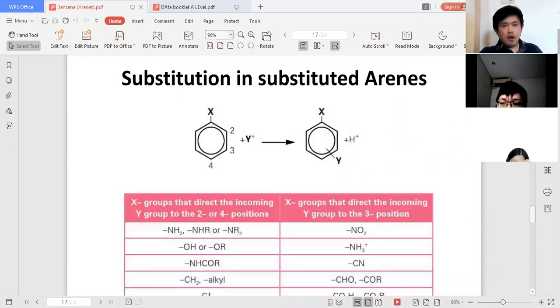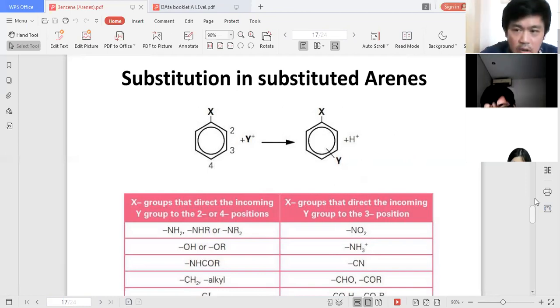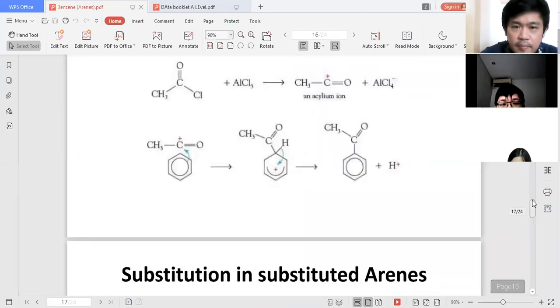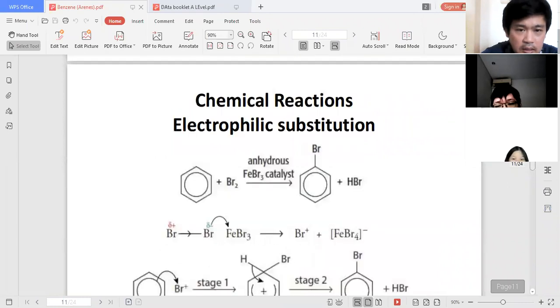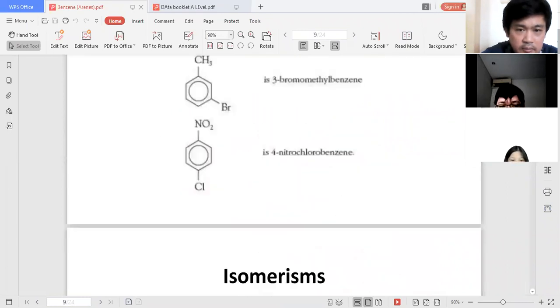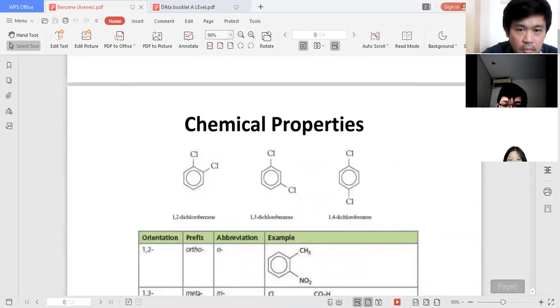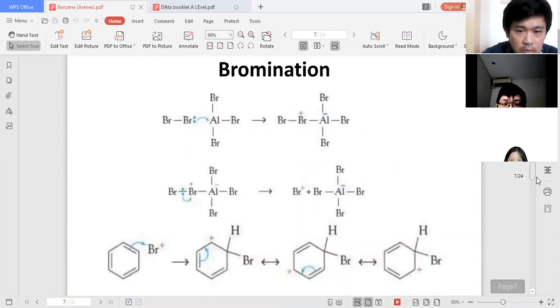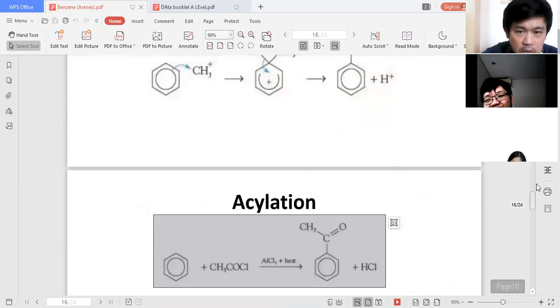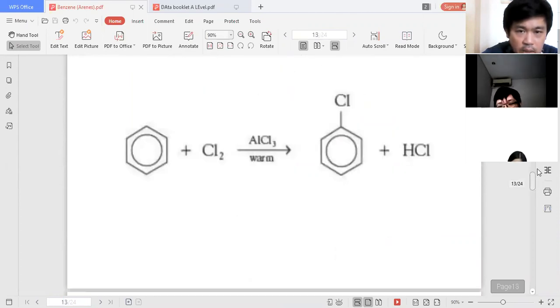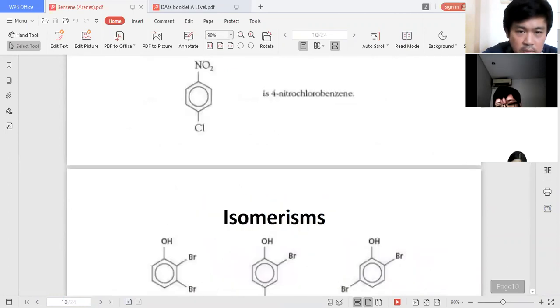Now, how about substitution in substituted arenes? What does it mean? Yesterday, I already gave an example like this one. Sorry, wait. The example is not acylation, but nitration, bromination.